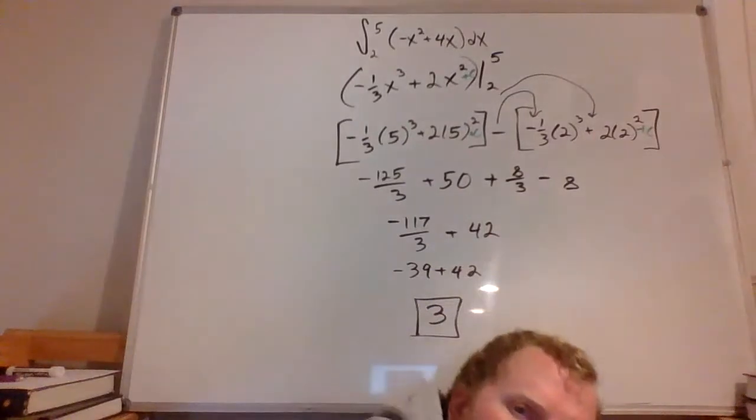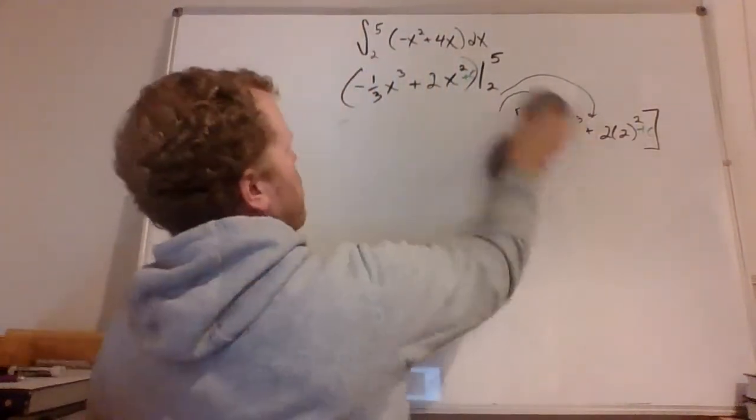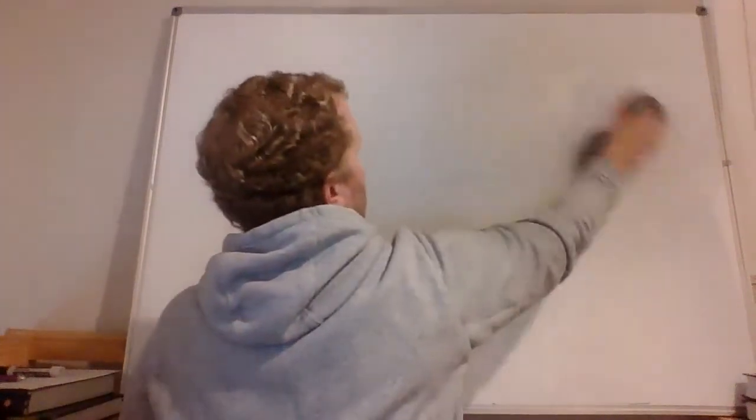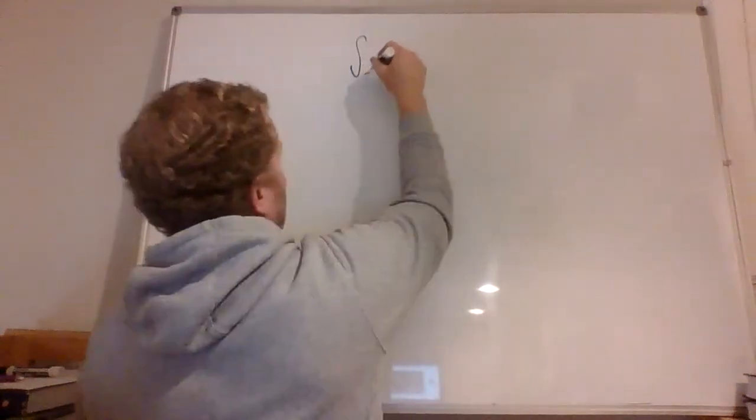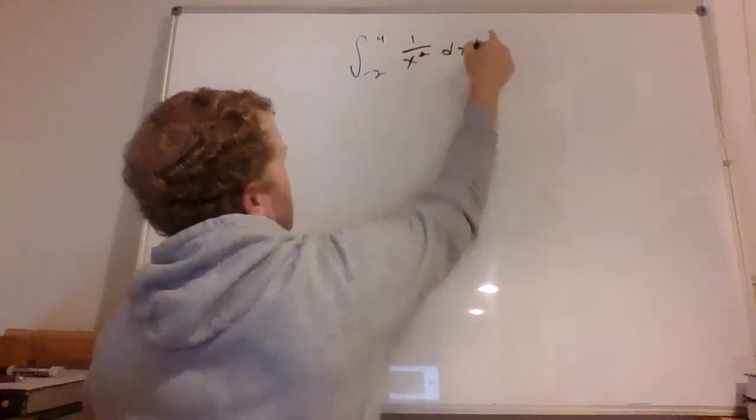I want to look at a couple more. There's really one more on this page and then 2 more on the next page. So the second one I want to do is the function 1 over x squared. So I want to do the integral from negative 2 to 4 of 1 over x squared dx.